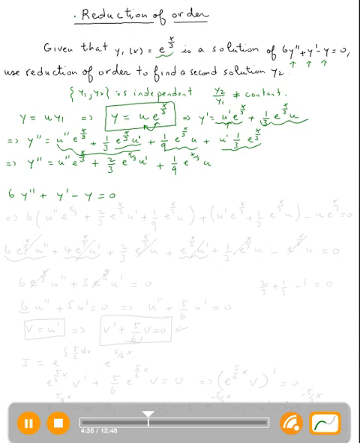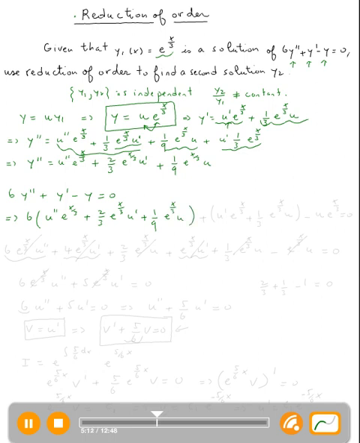This means 6 times u double prime e to the x over 3 plus 2 over 3 e to the x over 3 u prime plus 1 over 9 e to the x over 3 u.